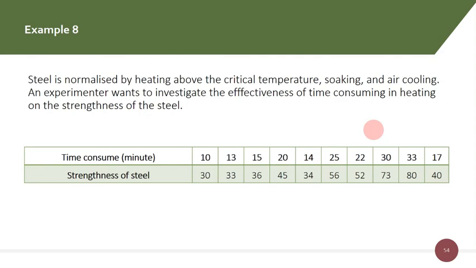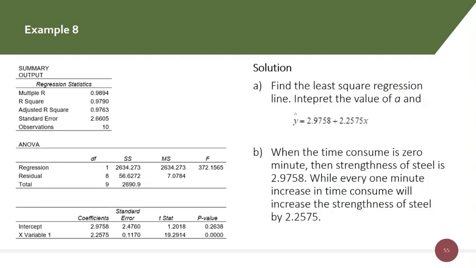We have time consumed, which is our variable x, and strength of steel is your variable y. If we use Microsoft Excel to process the data, we can get the summary of the data as follows.